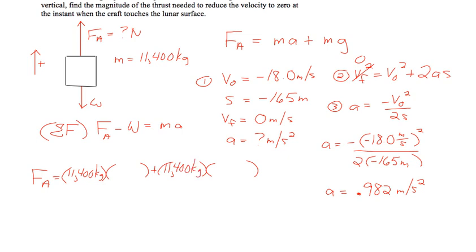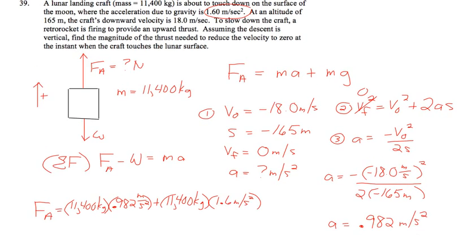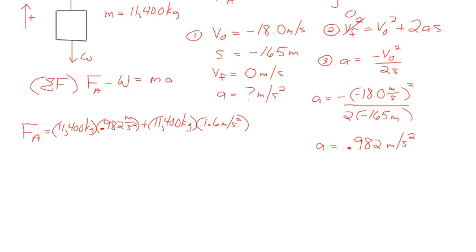The A is 0.982 meters per second squared. And the G is not 9.8, so you have to be careful because this is not happening on the Earth, it's happening on the Moon. So we have to use that 1.6 meters per second squared. I think that's the number they gave, right? 1.60. Okay, so I should have another zero there, but I'm still going to get the same answer.